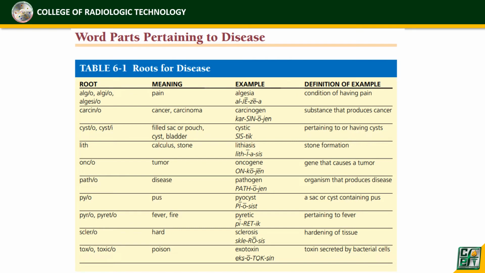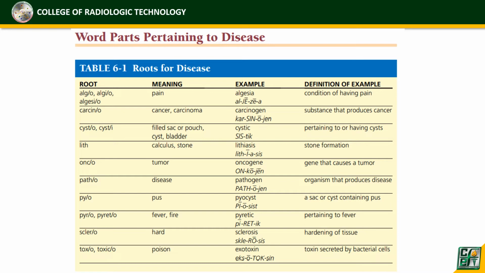Okay, next we have the words pertaining to the diseases or roots for diseases. We have the combining form algio or algesio, which means pain. Algesia is an example, condition of having pain. Okay. Then carcino, which means cancer or carcinoma, carcinogen substance that produces cancer.